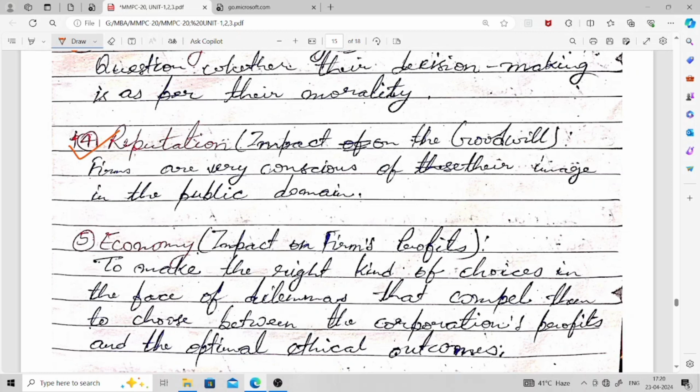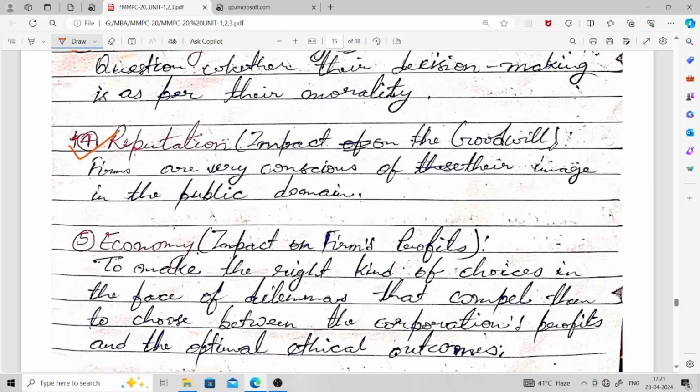If the decision of the manager is going to affect the goodwill of the firm in the eyes of people, managers should understand that their actions are not going to do better for the organization and should modify their actions.